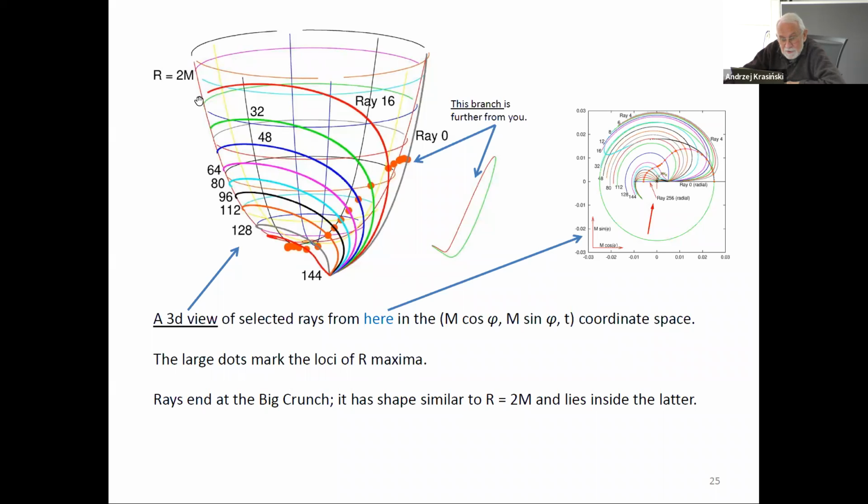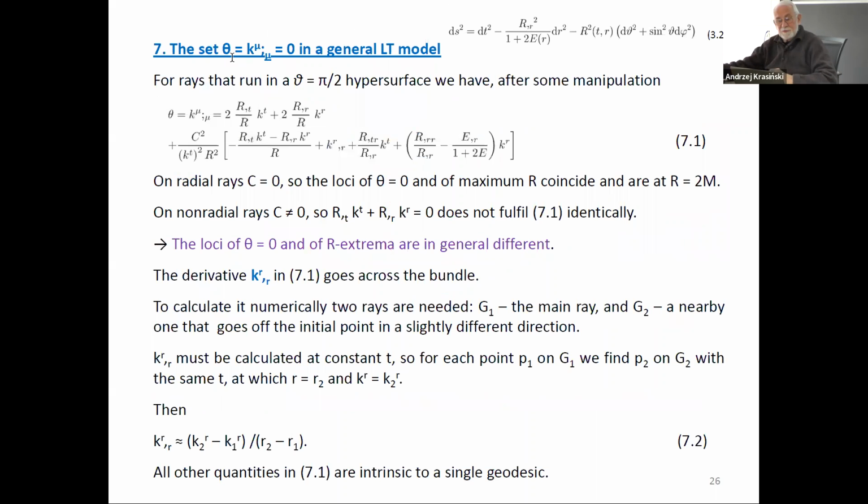The endpoints of all the rays are at the big crunch. The surface of the big crunch is inside the surface of R equal to m, close to it, but inside, and it has a similar shape. Okay, so this was about the R maxima.